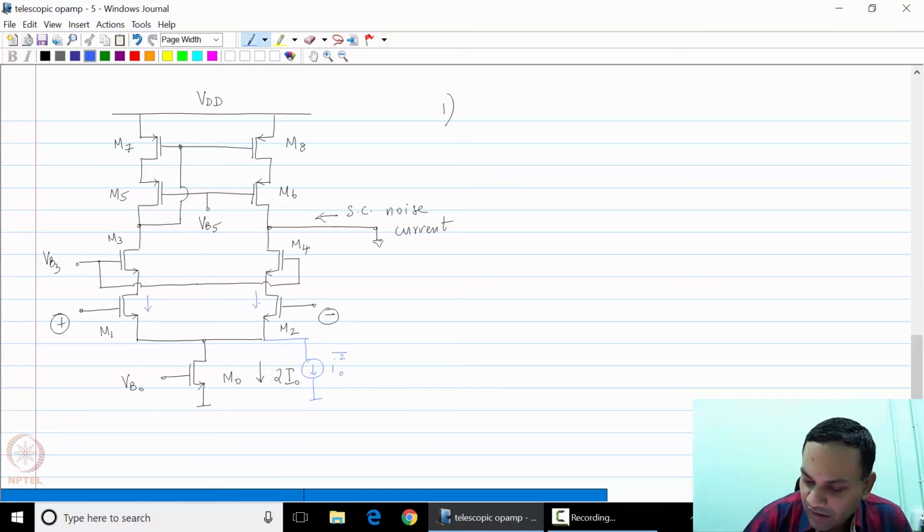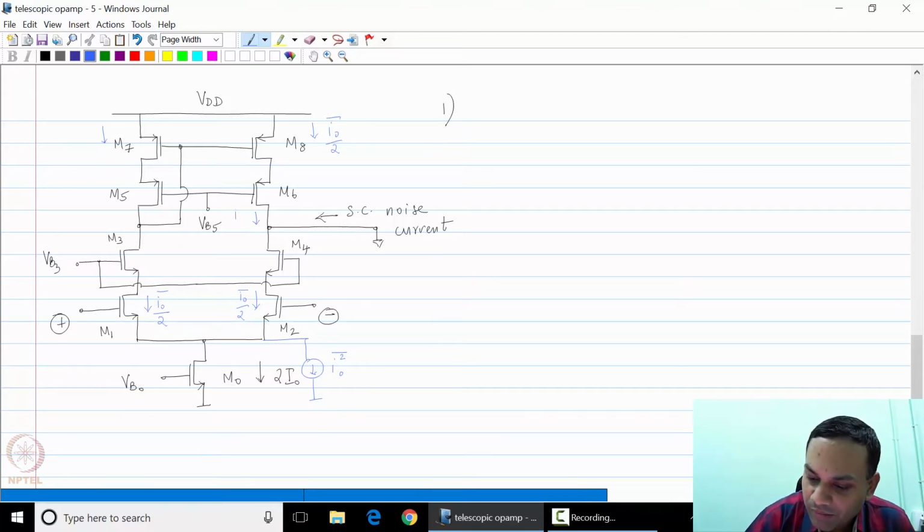So I will see equal and opposite currents, or almost equal and opposite currents, I0 by 2 and I0 by 2, and this current gets mirrored as I0 by 2 through M8 and M6, and therefore since these two currents are correlated, there is no short circuit current noise at the output due to M0.